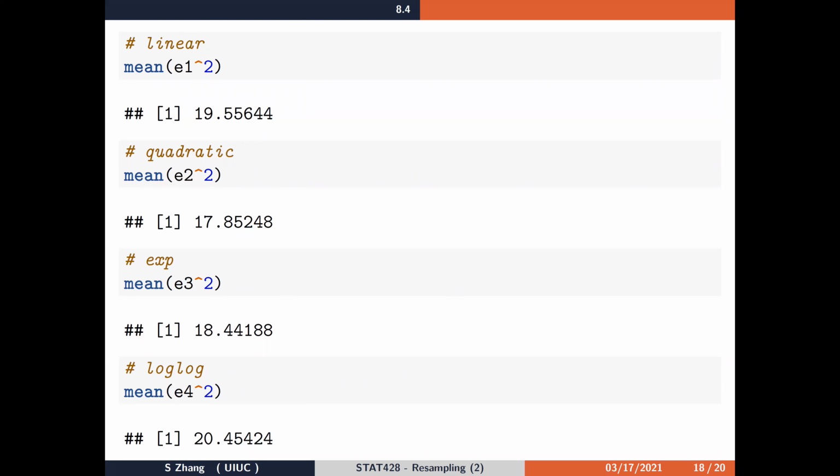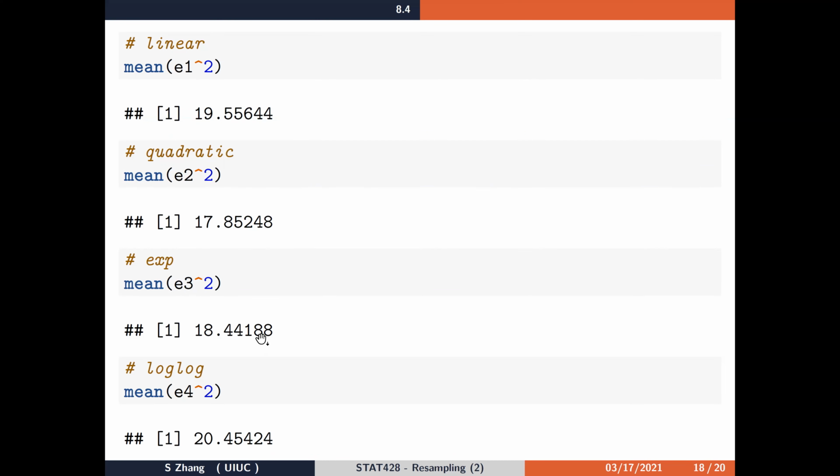And here are the results we get on the LOCV MSEs, or we call them the leave one out cross-validation errors. These are essentially the mean of the square of the ei vectors. So you can see that for the linear model, the LOCV MSE is around 19 point something. The quadratic model resulted in a lower cross-validation error of around 17.85.